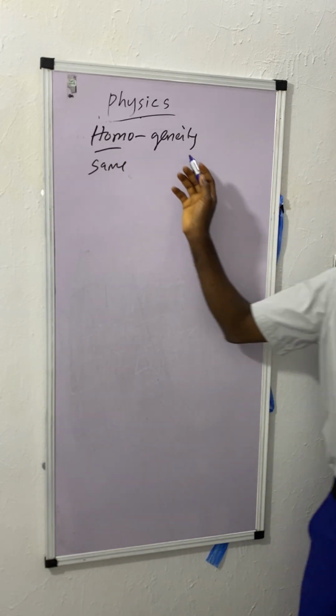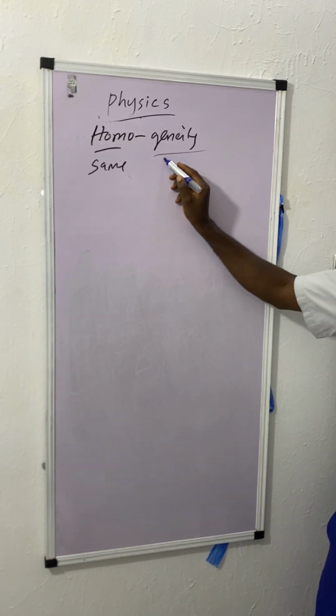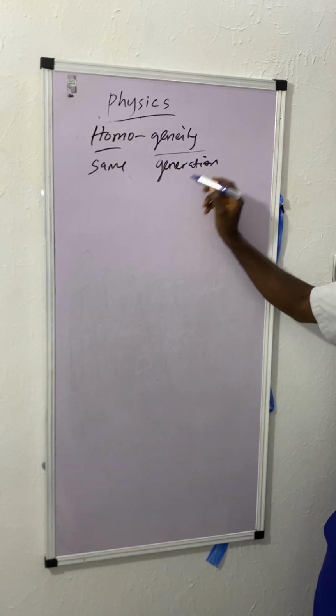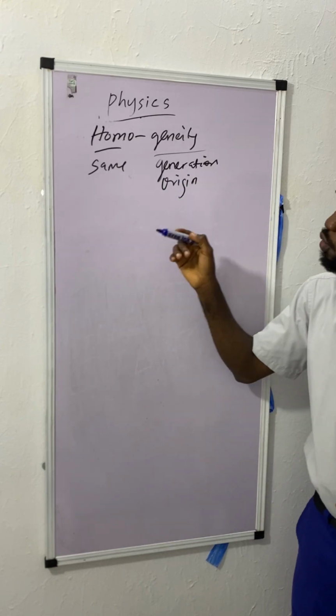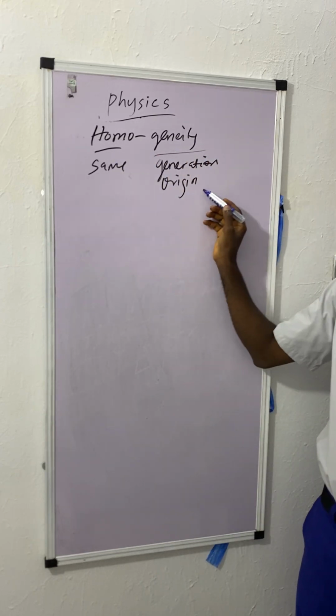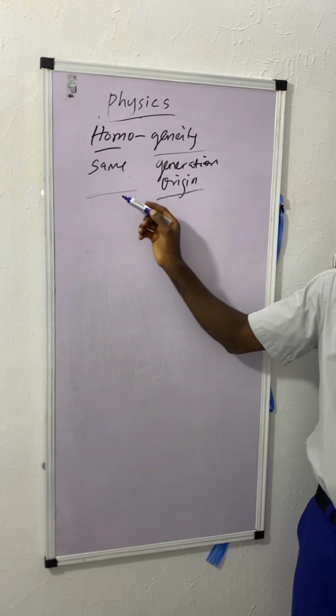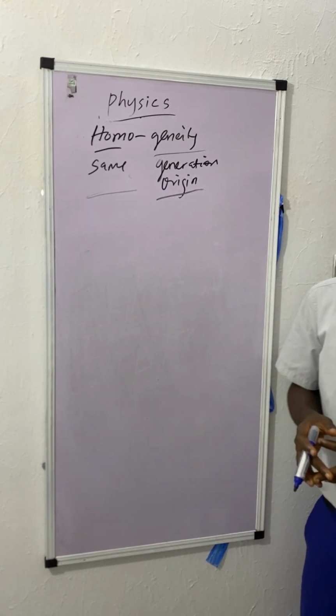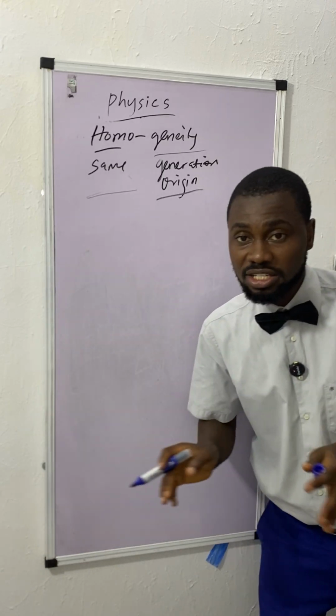Geneity means generation or origin. So to prove homogeneity of an equation means to prove that both sides of the equation have the same origin. That is homogeneity of equation.